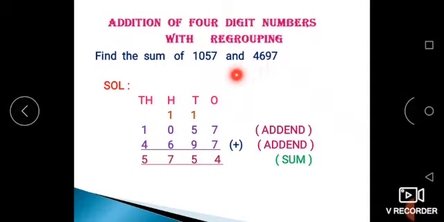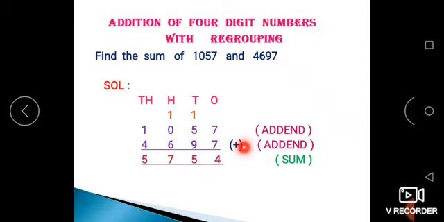Then the next number: 4 thousands, 6 hundreds, 9 tens and 7 ones. The first two parts of the addition sum are added, and the total answer is the sum part. Okay, first we will add the ones column.